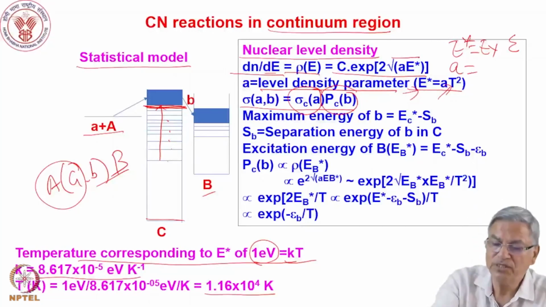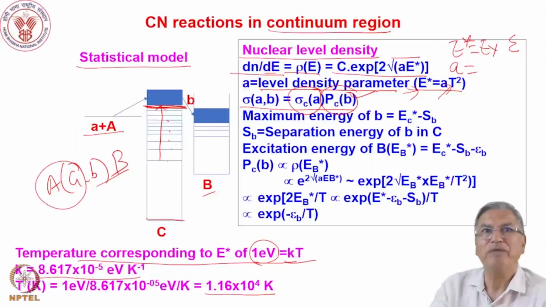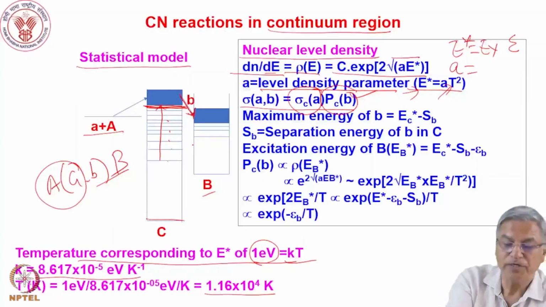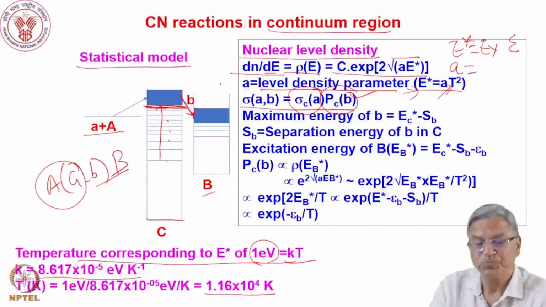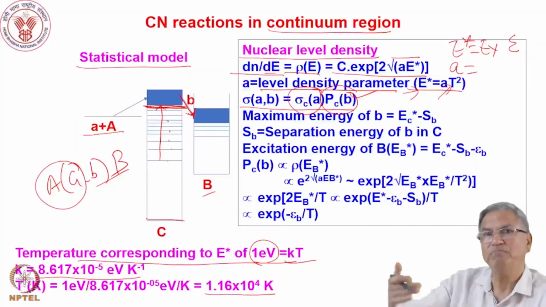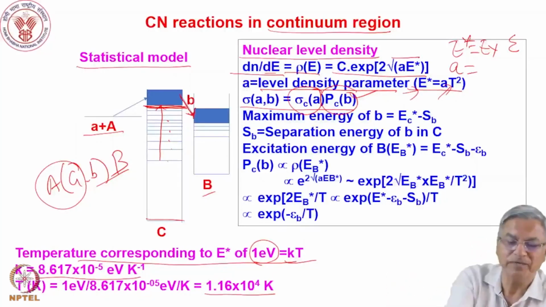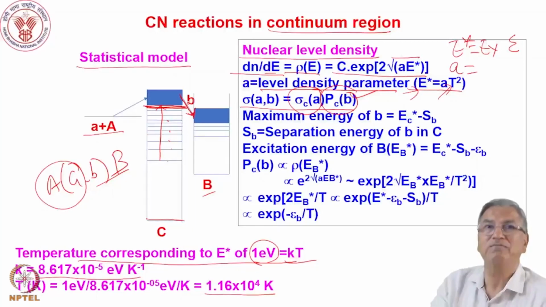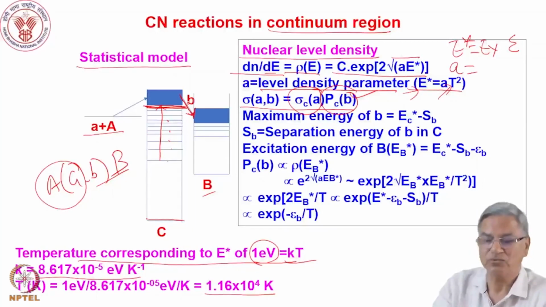Let us try to see the probability of decay of the particle to the residue. Depending upon the energy of the particle, it can populate different energy states of the residue. So what we essentially measure is the spectrum of this particle b, and if it is compound nucleus formation, what type of spectrum the particle will have, that we are trying to see here.